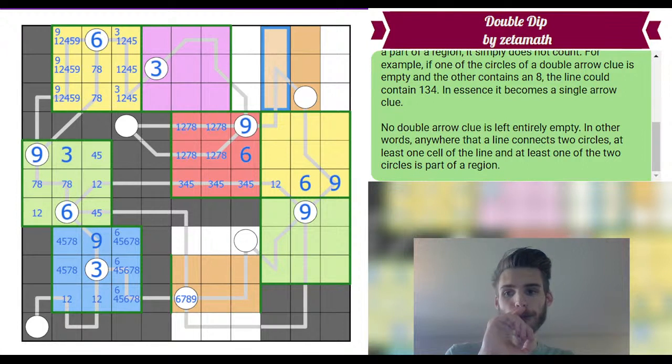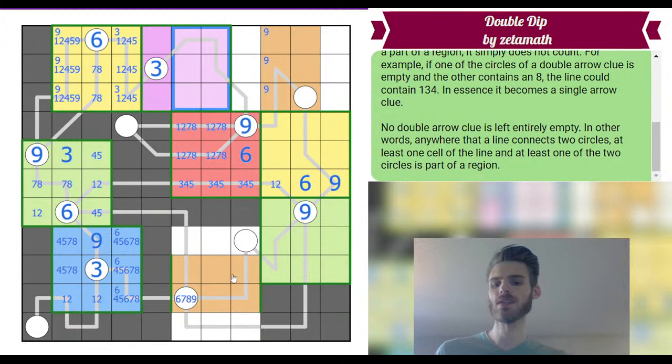9 goes up here, because there's all 9 digits in here, and these are not 9s. So 9 goes up here. In fact, we can say that 9 is in these cells.